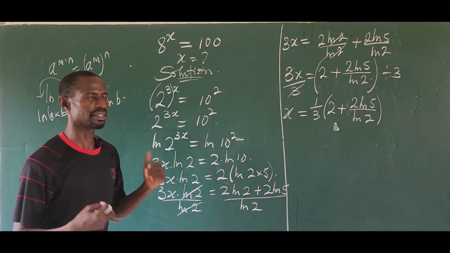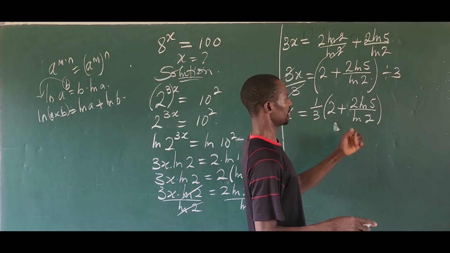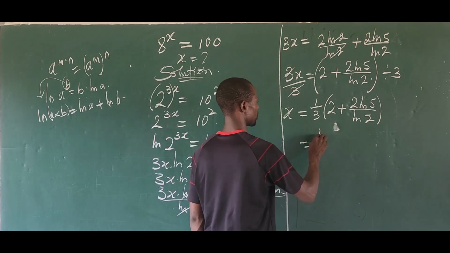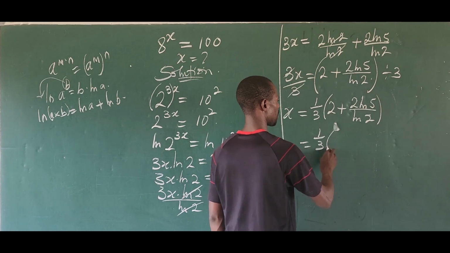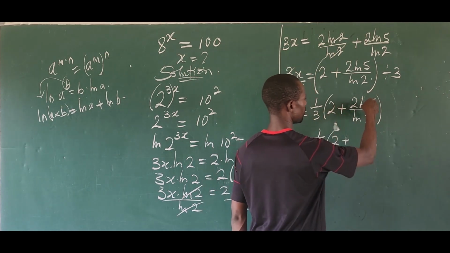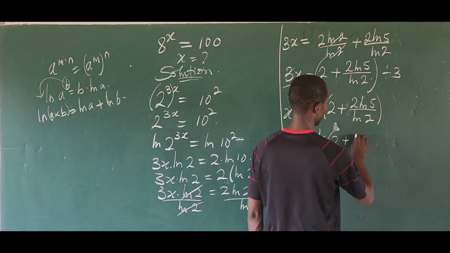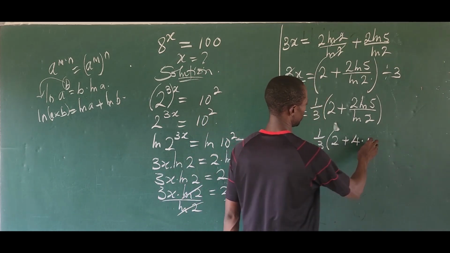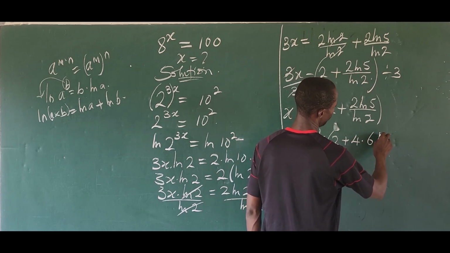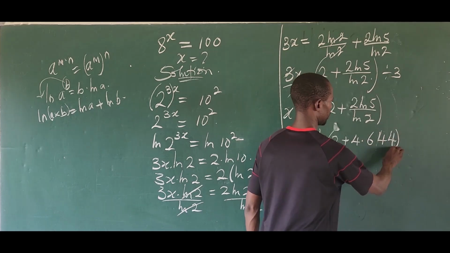Okay, so this is the value of x, but we can get the numerical value of x from this expression we have here. If we simplify this, that is going to give us 1 over 3 times (2 plus, if we input this into your calculator, this is going to give you 4.6, 4.614 times 4, close bracket).